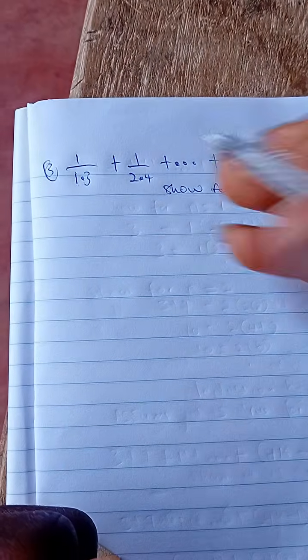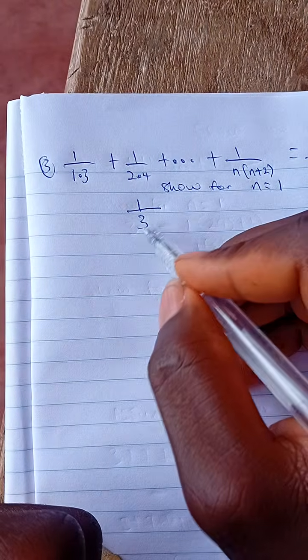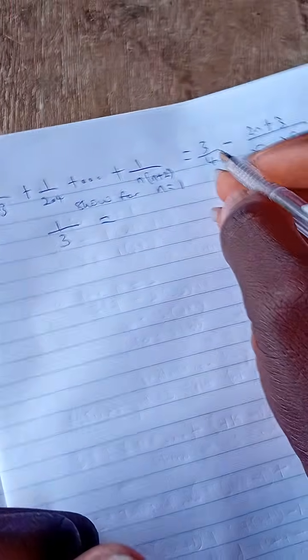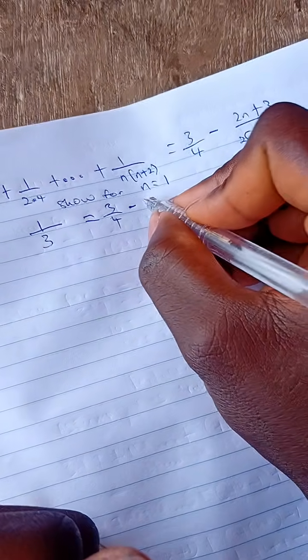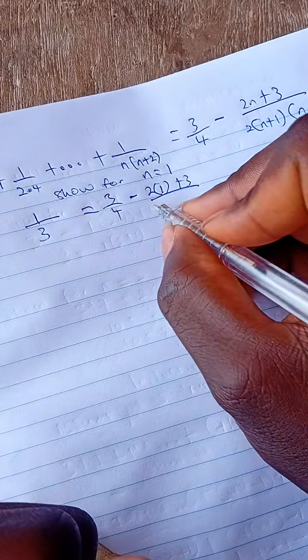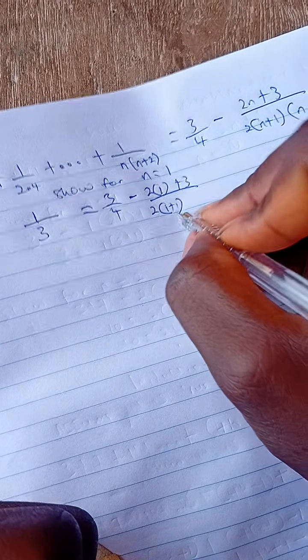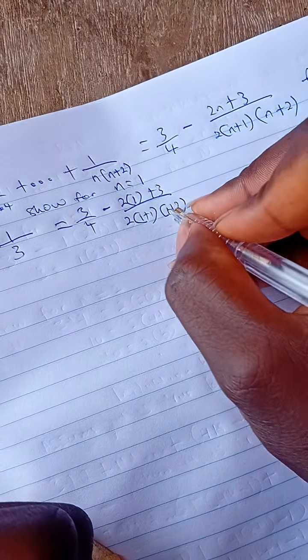So here, I'm going to pick the first term alone. It's 1 times 3, equals 3 over 4 minus, my n is 1 now, (2n plus 3) over 2 into (n plus 1) into (n plus 2), so 1 plus 1 and 1 plus 2.